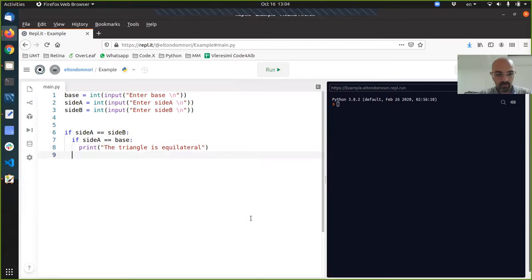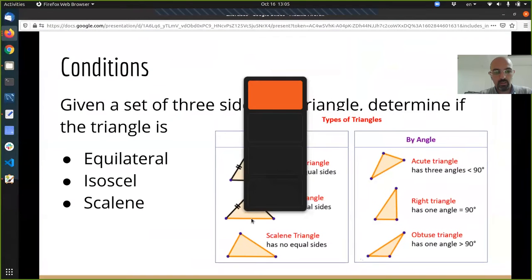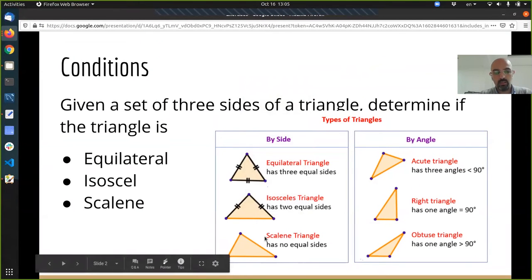Else, because if it is not, then the only option is print the triangle is isosceles. Else, if side A and side B are not equal to one another, the only option is them to be a scalene triangle.